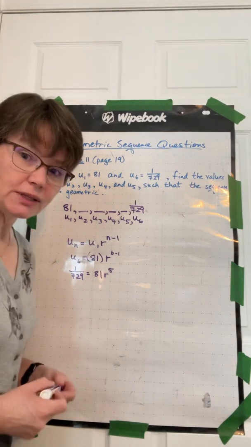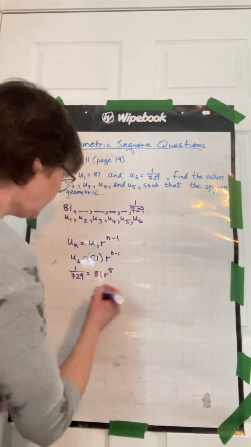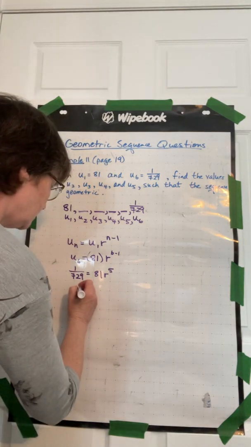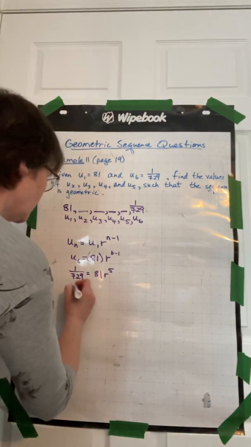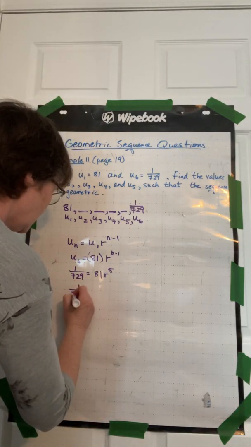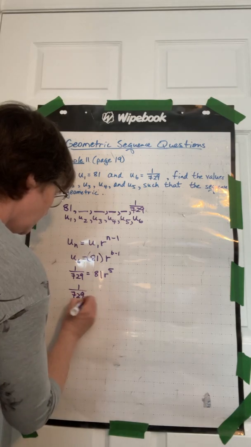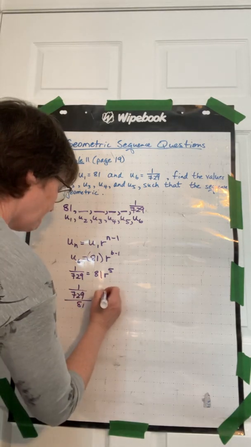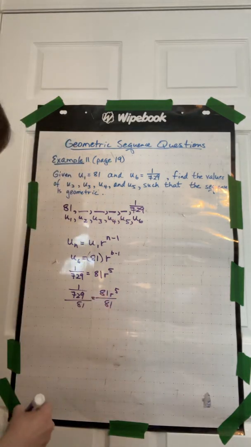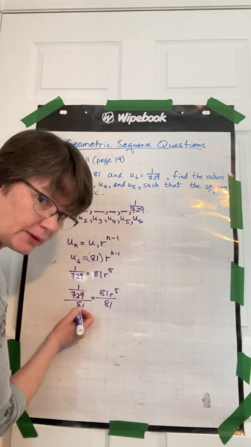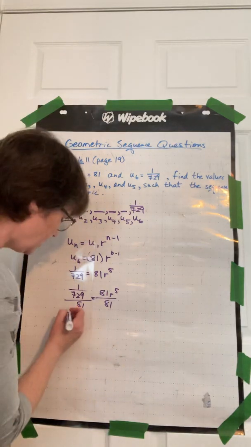So we divide both sides by 81, or multiply both sides by 1 over 81, whichever way works for you. I'll write that down as a step. We're going to divide by 81, which means dividing by 81, same as multiplying by 1 over 81.